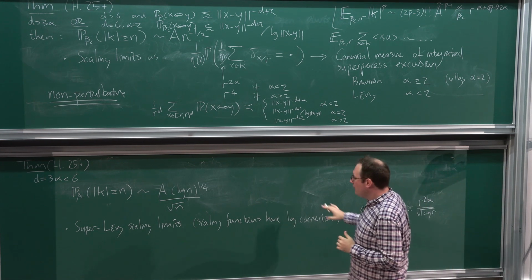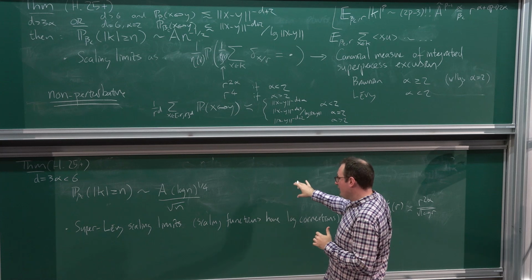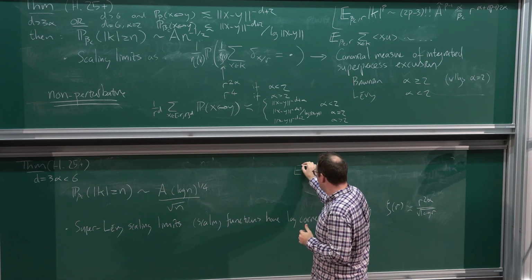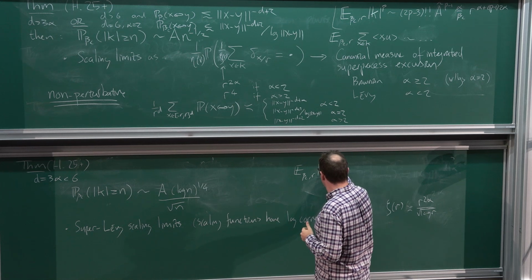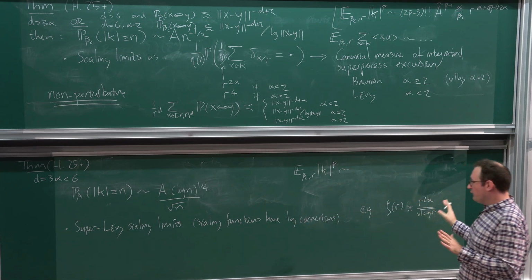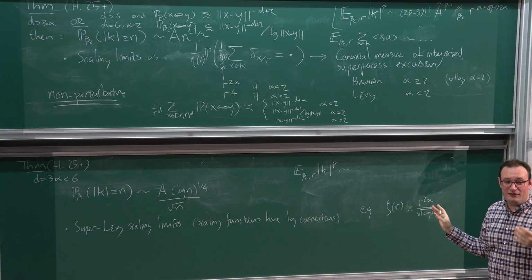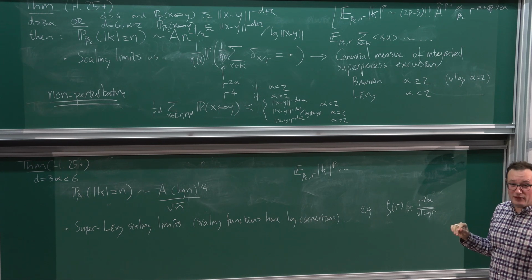So in fact, when you do a similar analysis in the case of the critical dimension, and you look at the pth moment, the formula I'm about to write down holds both at and above the critical dimension.